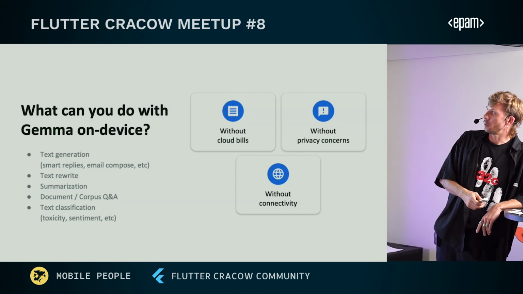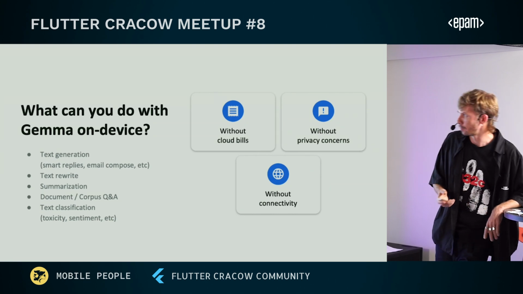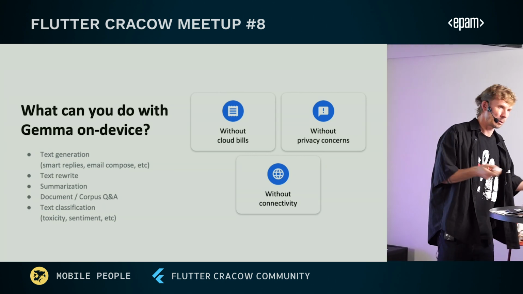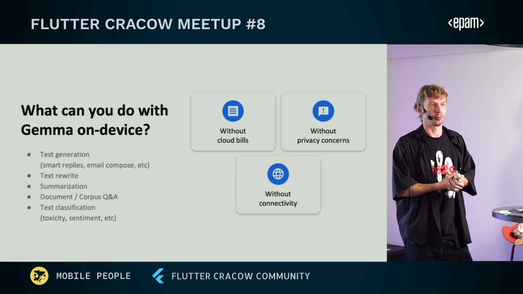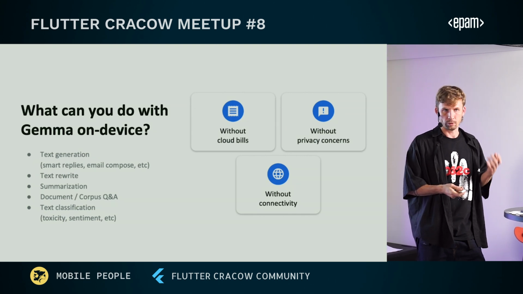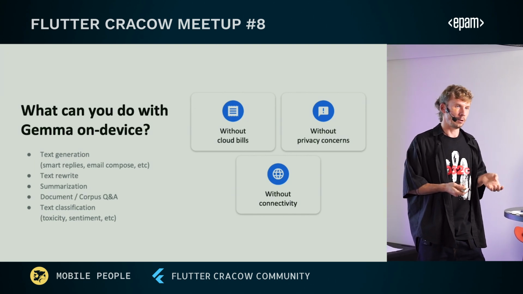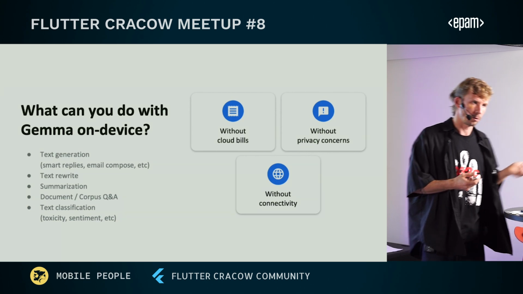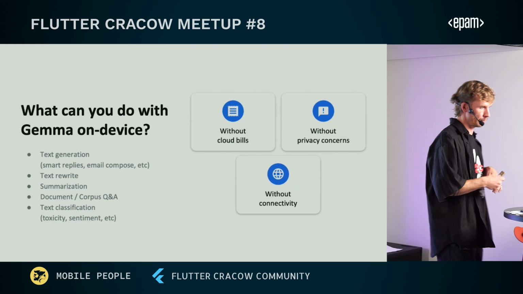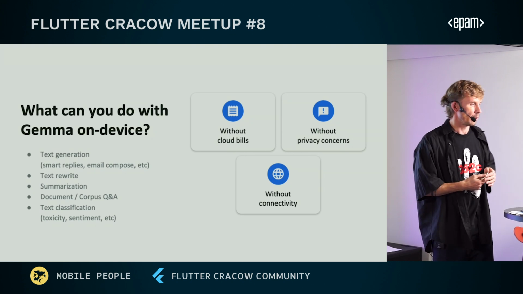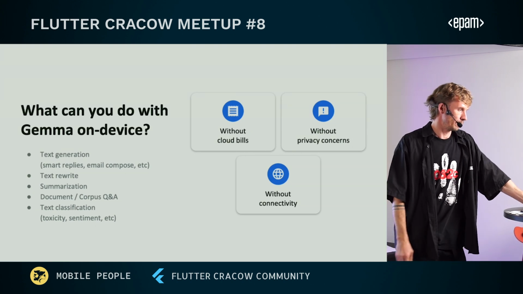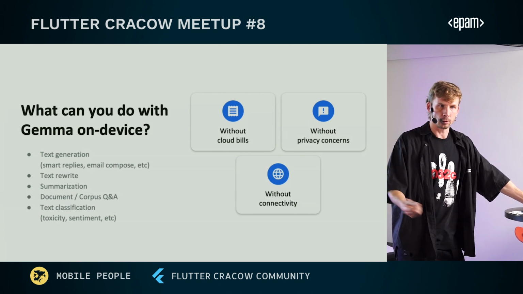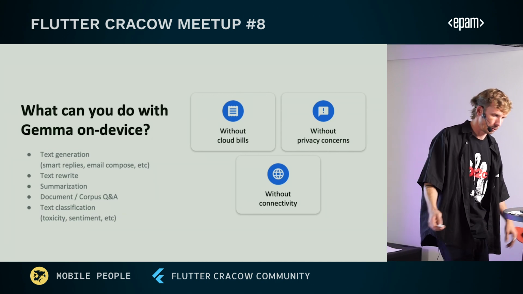So, as I mentioned, what can we do with Gemma on device? We can do text generation, text rewriting, summarization, everything that you can do with ChatGPT or Gemini, but only text to text. You can't upload an image or video or ask it to generate an image for you, but it can also write poetry or code because it's text to text.